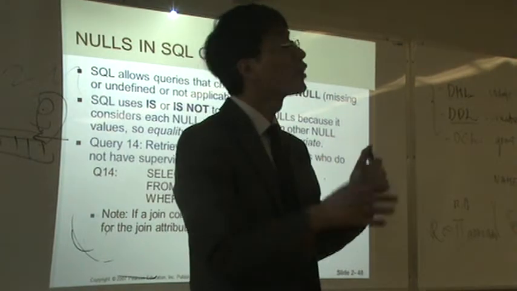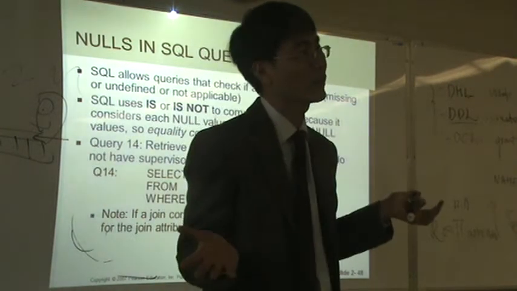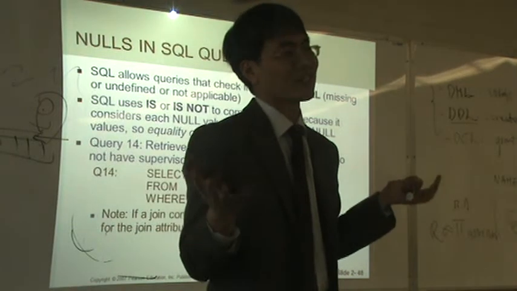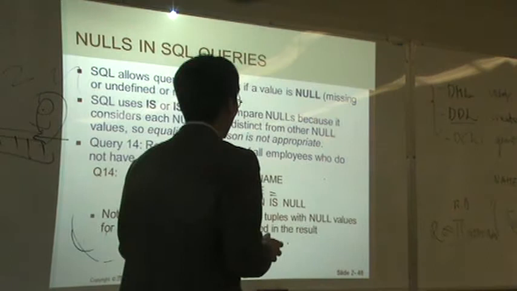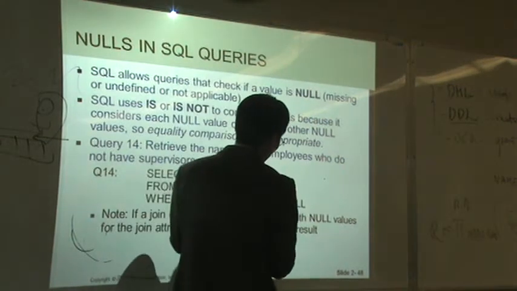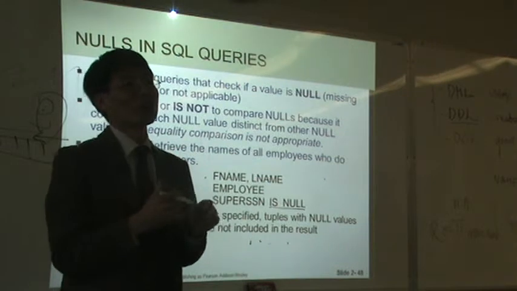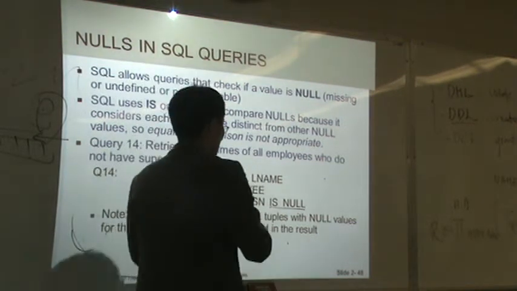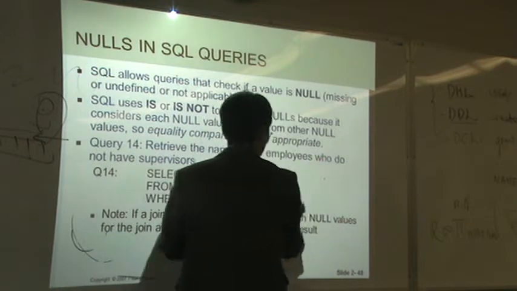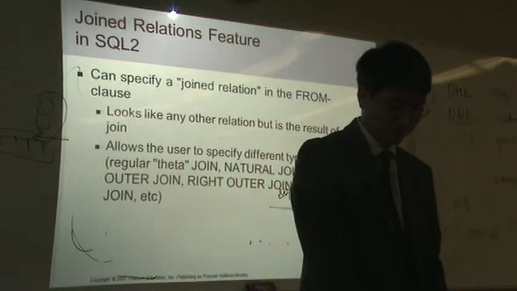Why? Because not means doesn't exist. You cannot compare or operate on something non-existent. It doesn't make sense. So we define a new operation. In case this is not, it's true.